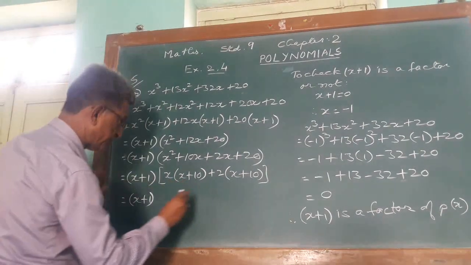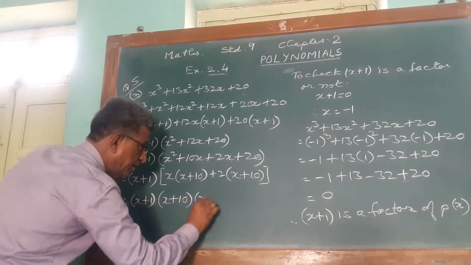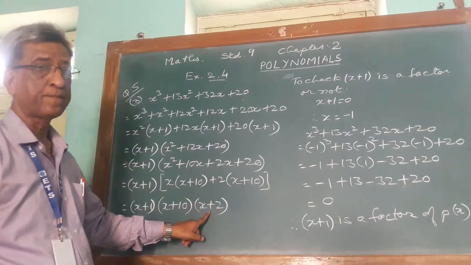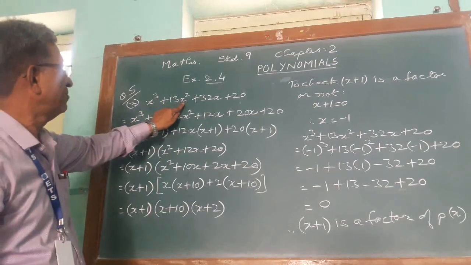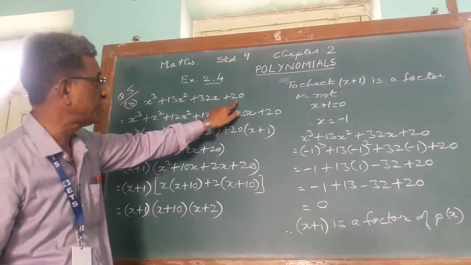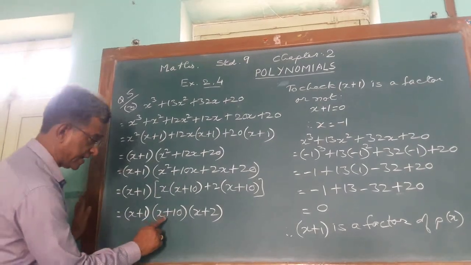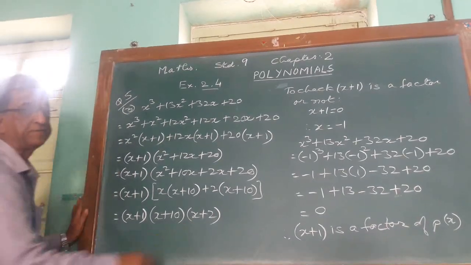Common bracket x plus 10, and the other bracket remaining is x plus 2. So the factors of x cube plus 13x square plus 32x plus 20 are x plus 1, x plus 10, x plus 2. So this is the answer.